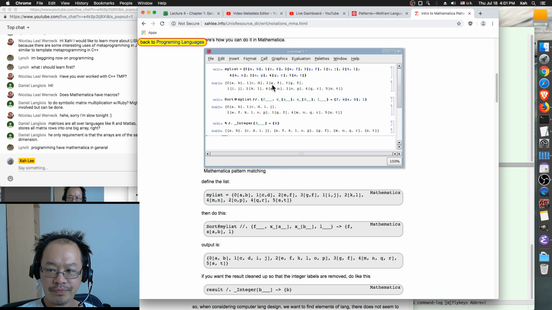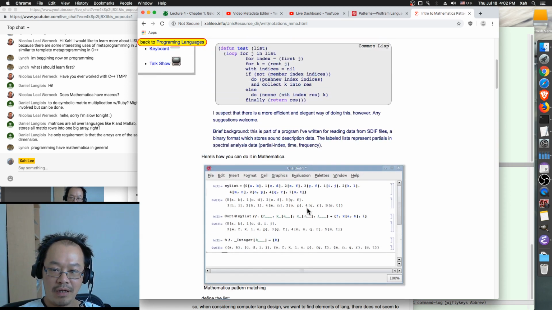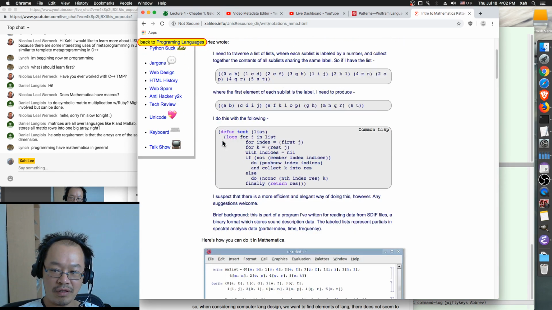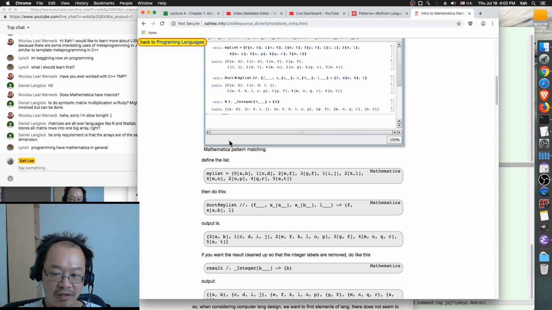I show you a concrete programming problem where, given a list, you want the result to be some selection of it, and you can see examples of how to do that using patterns. I also show a Lisp solution, so you can compare. However, this problem cannot be done with Lisp macros.